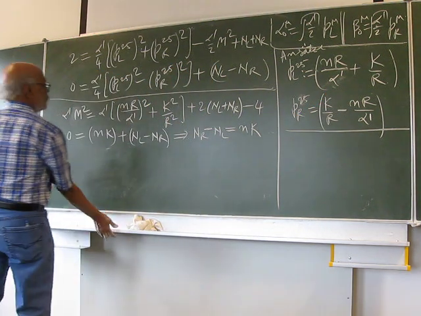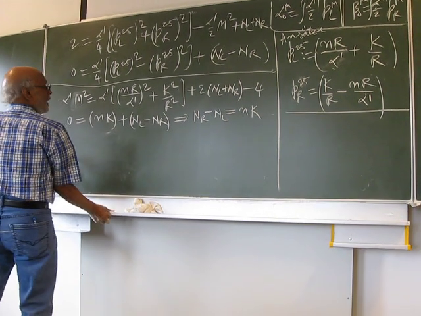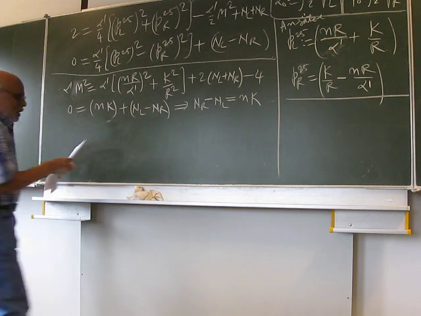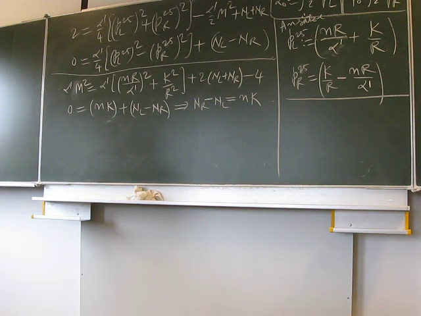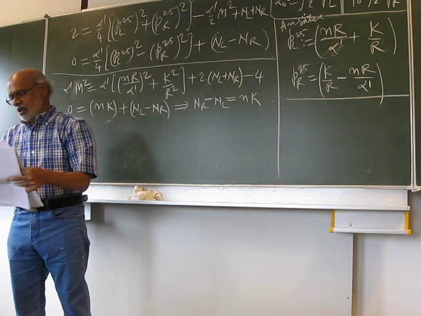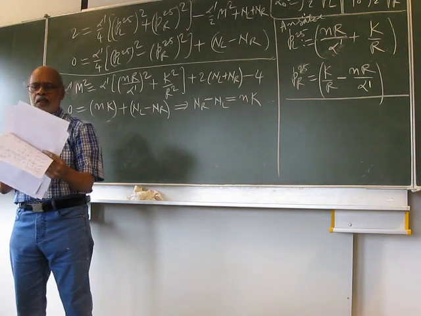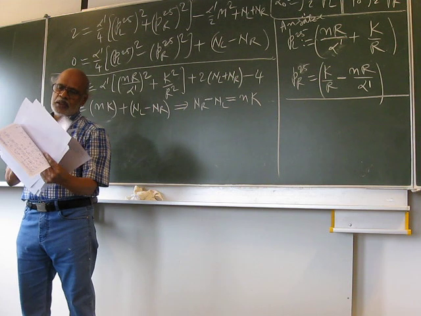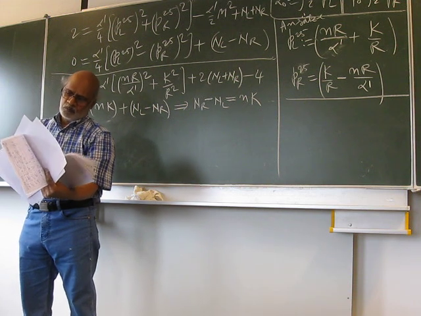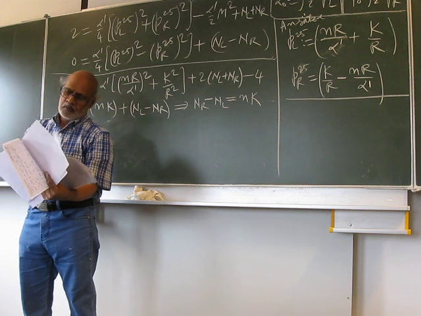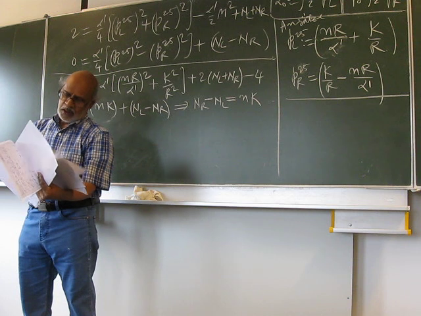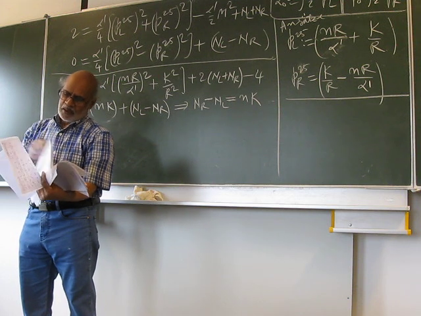So this is what you get. Okay, let me just have a look. I want to make sure that I am not missing any important point. This is okay. This is fine. All right. So this is also good. Okay, very good.